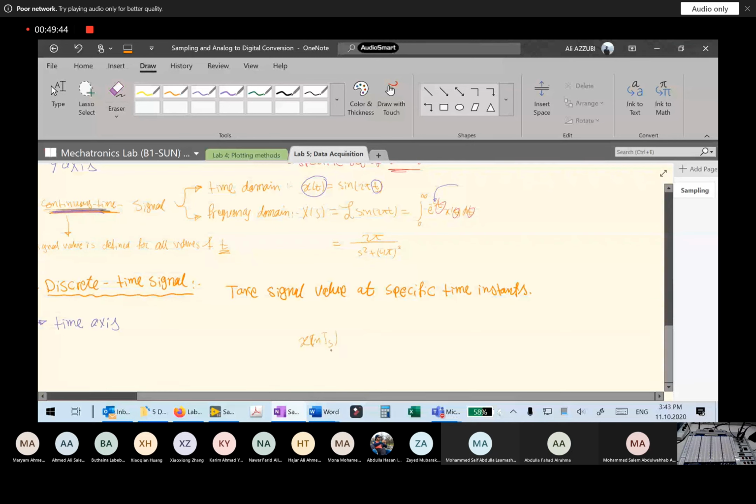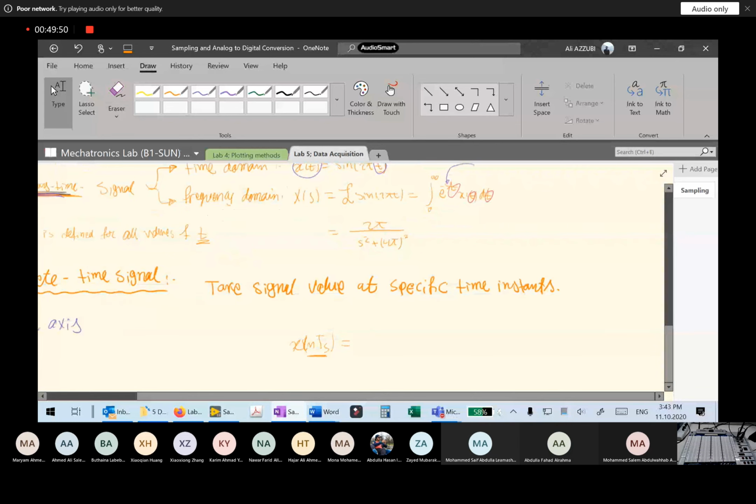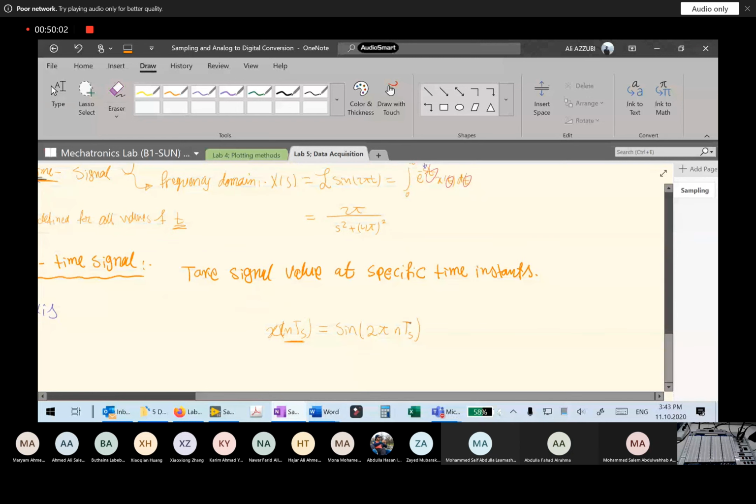It means only at integer multiples of Ts that I can find the value of my signal. So, the same sine, let's say 2 pi, instead of t I have nTs. Now Ts is fixed, the only variable here is your n.